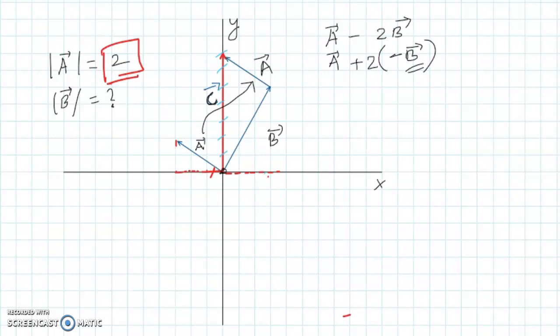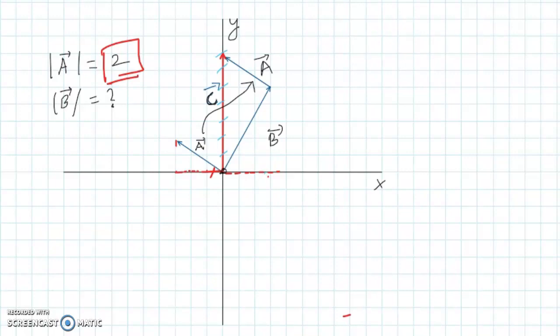So I need the negative vector of b and I need to multiply it 2 times. So I can draw this vector negative 2b. Okay, let's revert the problem. It will be hard for me to draw because I don't have enough space to draw 2b.